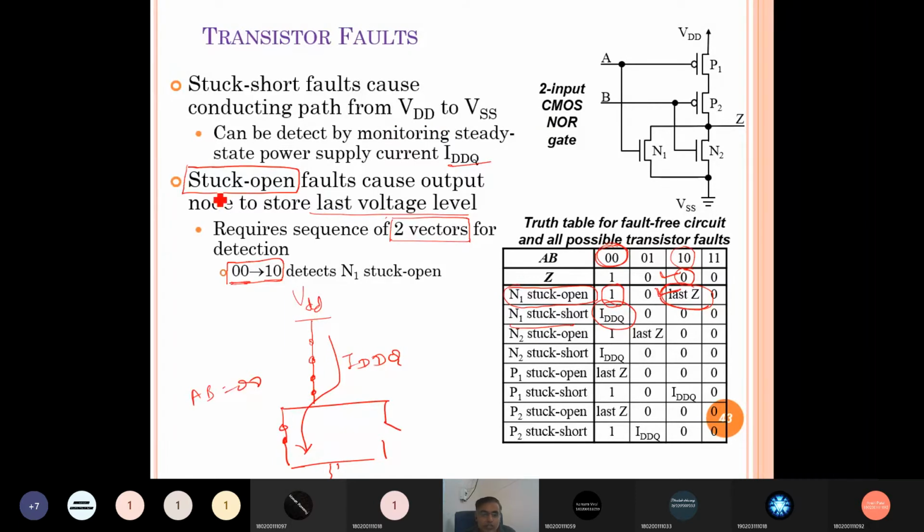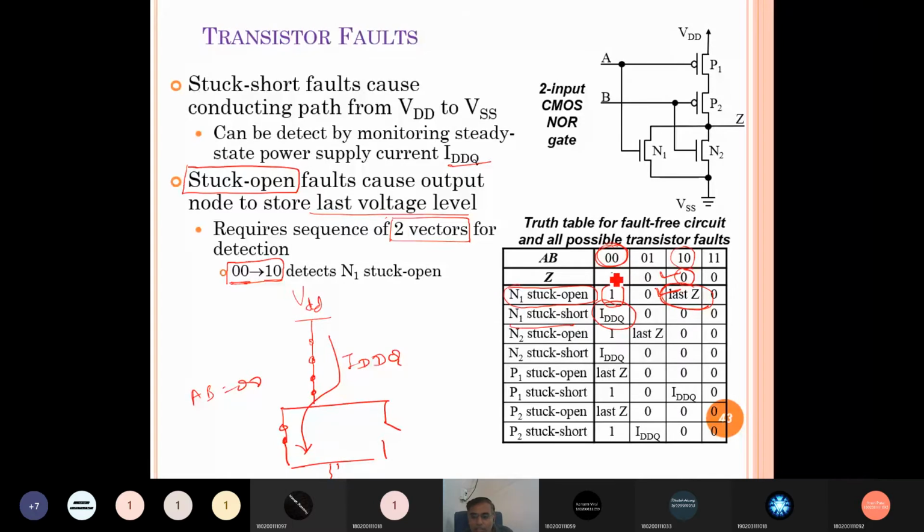To detect a stuck-open fault in any CMOS circuit, we need to apply a sequence of two test vectors because it holds the last voltage level. So we have to apply the sequence of inputs in such a way that for the next vector we want the output to be different compared to the last state.